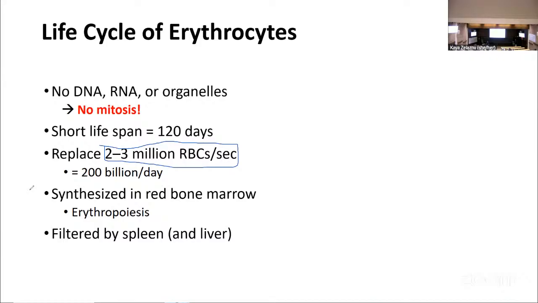So we're going to be synthesizing our new red blood cells in our red bone marrow. So we're thinking like inside a long bone, you have bone marrow where we see these stem cells that are able to produce red blood cells, including their earlier stages before they're fully mature red blood cells.